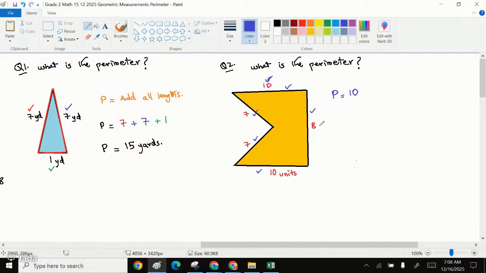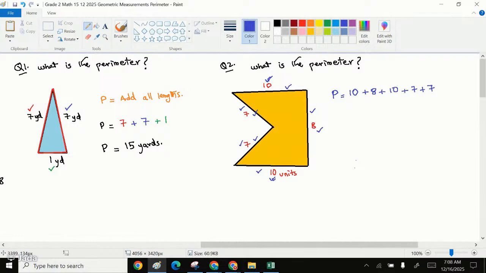Then we plus the second side, that was 8. Then we add the third side, that is again 10. Then we add the fourth side, that was a 7. And we add the fifth side, that is a 7 again.